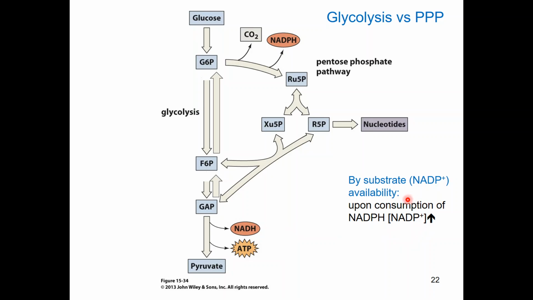If the concentration of NADPH drops, it means that the NADP plus concentration increases. NADP plus is the second substrate for glucose 6-phosphate dehydrogenase, and just by substrate availability, it activates the enzyme, which activates the whole pathway in general.